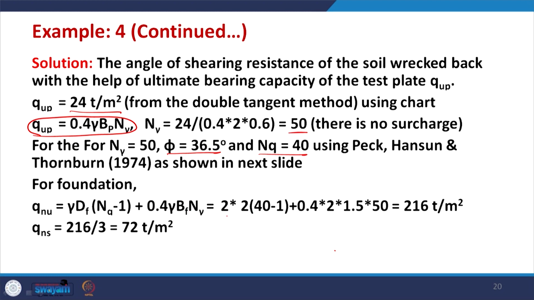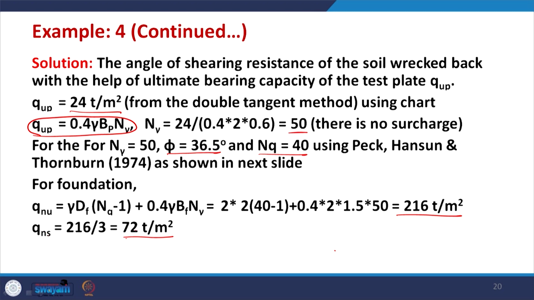So gamma Df is q, and 40 is the value of NQ, minus 1. Once you put all these numbers, you get 216 ton per meter square. If you divide this simply by factor of safety 3, then you get the net safe capacity as 72 ton per meter square.